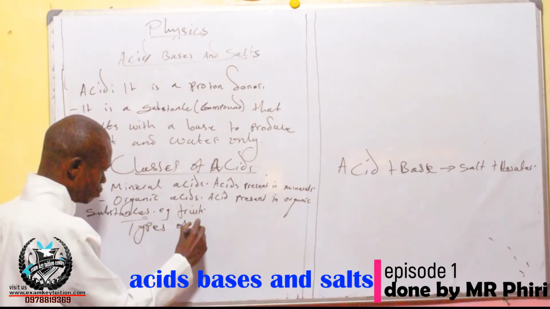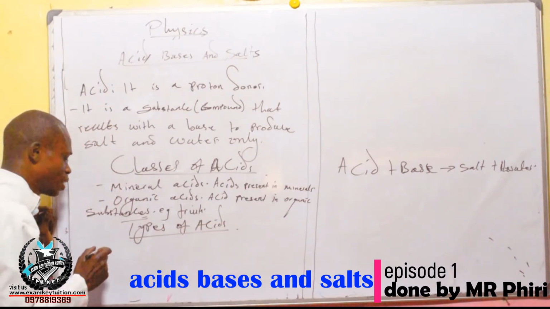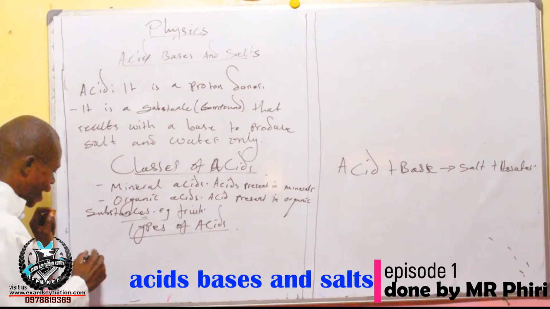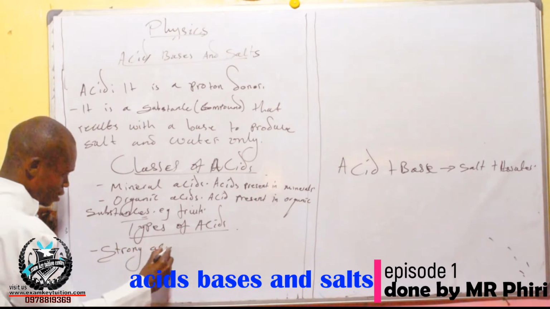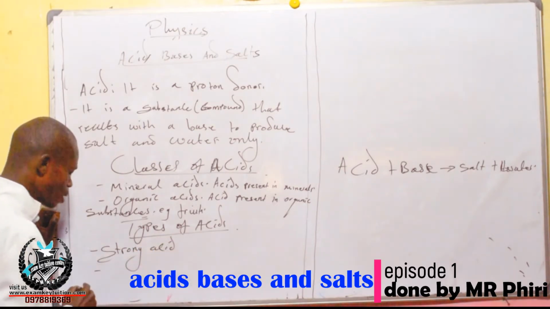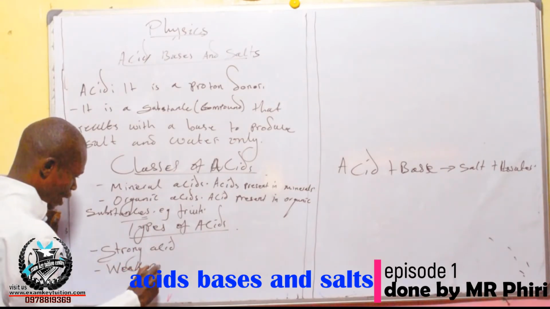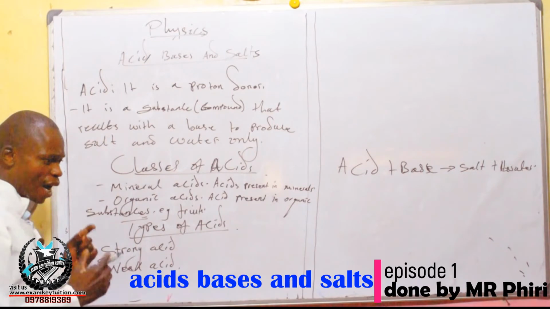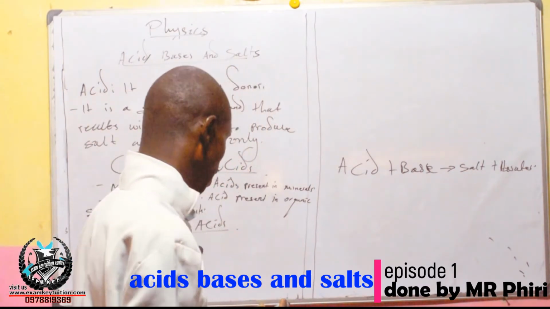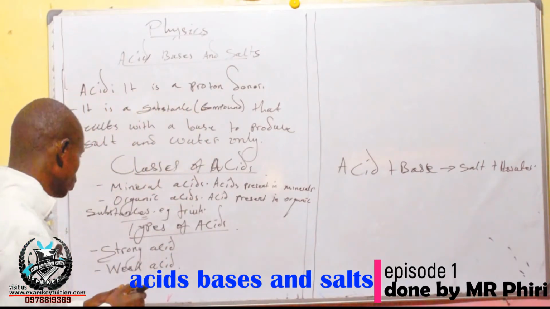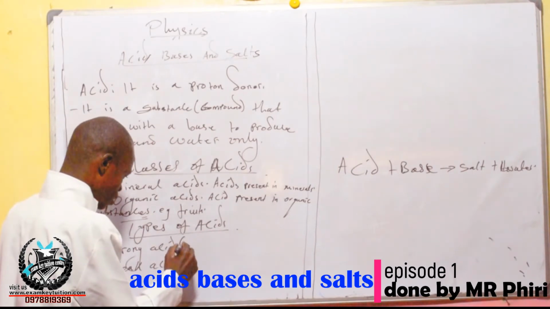Types of acids: we are expecting an acid to be either a strong acid or a weak acid, depending upon the nature of the acid.